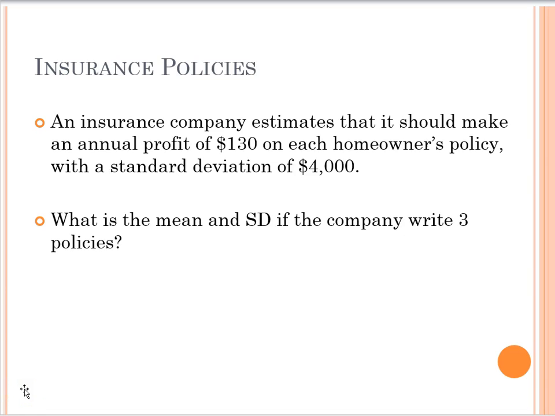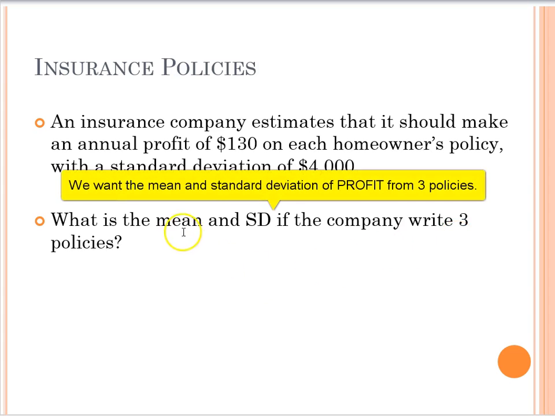So as I demonstrated before, one of the ways that this is useful is by predicting how profitable a company could be. So here in this problem, we're looking at insurance policies, and we want to know how profitable the company is going to be if it writes 10,000 policies. But before we get that, let's just do an easier analysis of 3 policies, trying to figure out the mean and standard deviation if the company were to only write 3 policies.